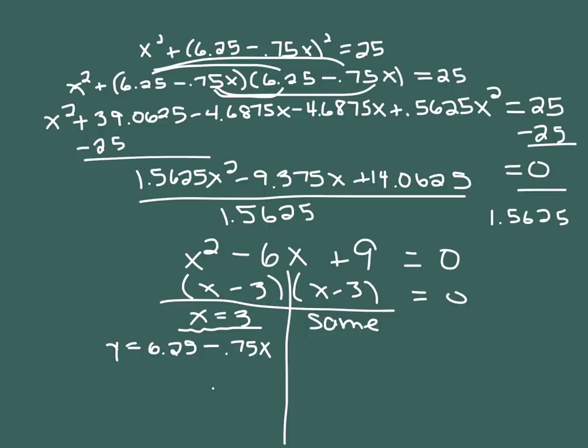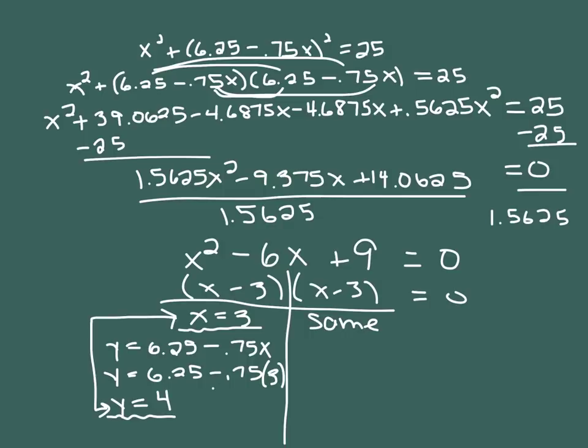All right, so I'm going to write y equals 6.25 minus 0.75, and I'm just going to take this 3 and substitute it in for the x. Okay, so y equals, now if you figure out what this is equal to, it's just positive 4. So when x is equal to 3, y is equal to 4.